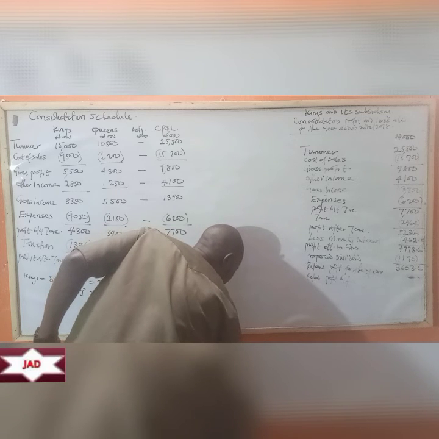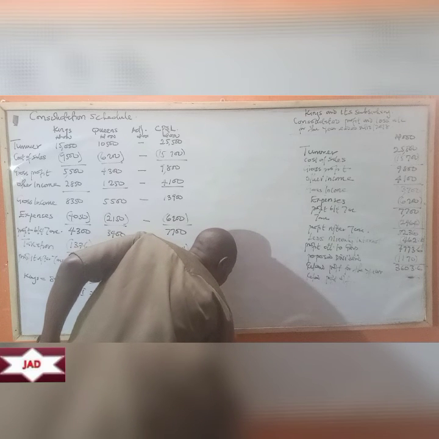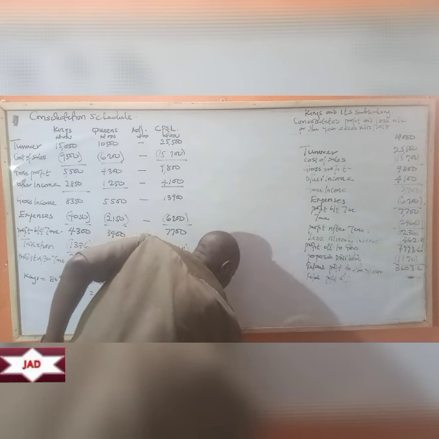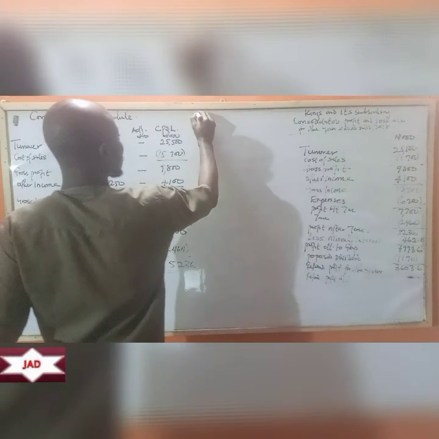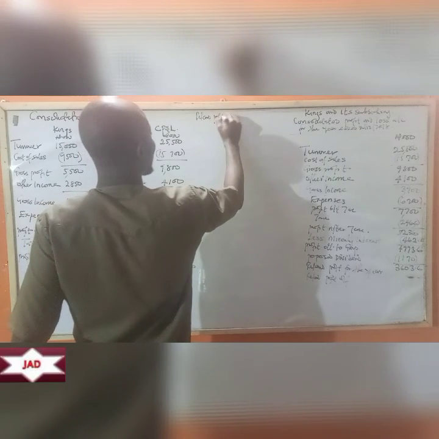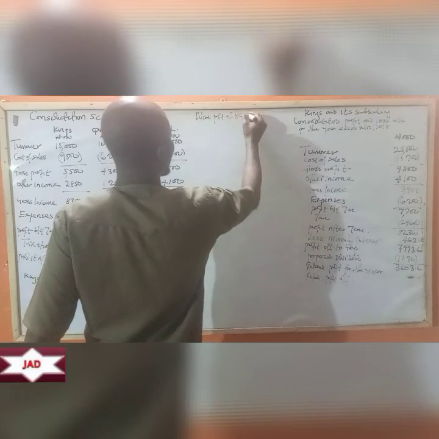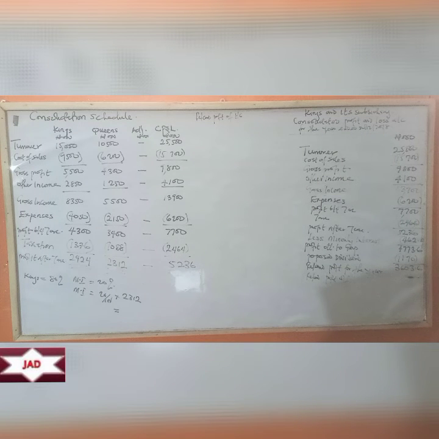So if you look at the question, you will see the retained profit of the holding company that has been brought forward.